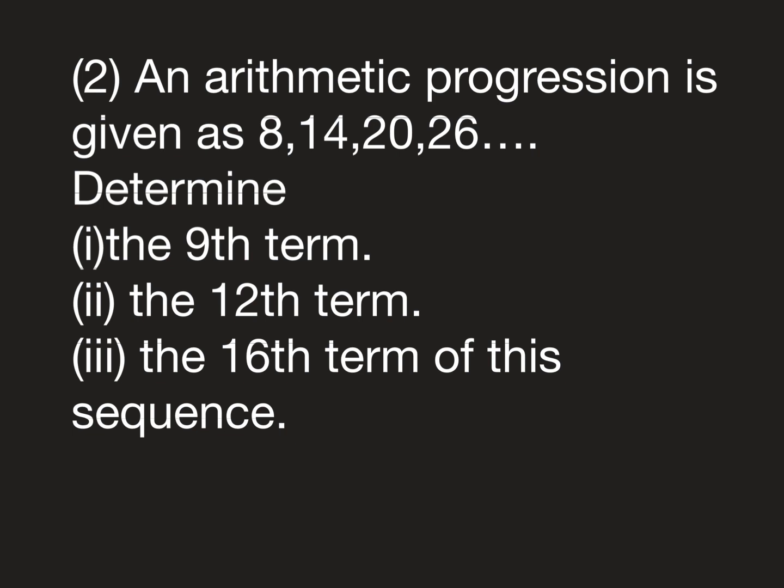Okay. We have another question that reads, an arithmetic progression is given as 8, 14, 20, 26, and so on. Determine the 9th term, the 12th term, and the 16th term of this sequence. So, solution.